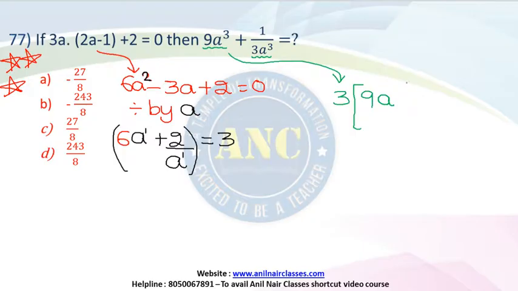That means this becomes 9 into 9a cube plus 1 by 3a cube is what I have in the question. When I multiply this by 3, this becomes 9 into 3, 27. Now I am very very happy because 3 into 9 is 27. 27 is a perfect cube. Similarly, 3 into 1 by 3 is 1. 1 is also a perfect cube.